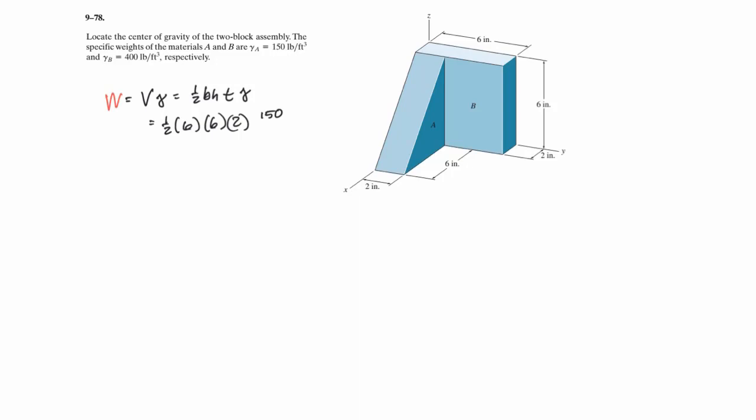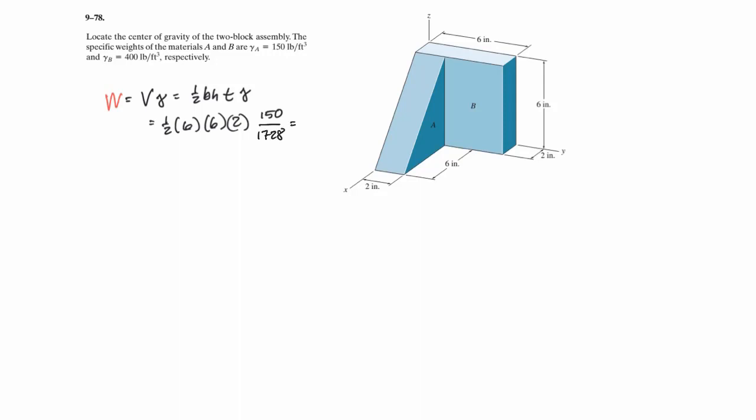But these dimensions are in inches. So we have to divide this by a factor to give it pounds per cubic inch. And we know that there are 1,728, which would be 12 cubed, cubic inches per cubic foot.